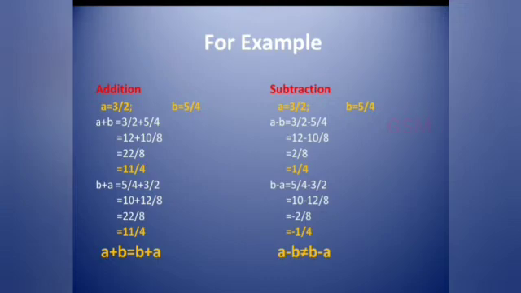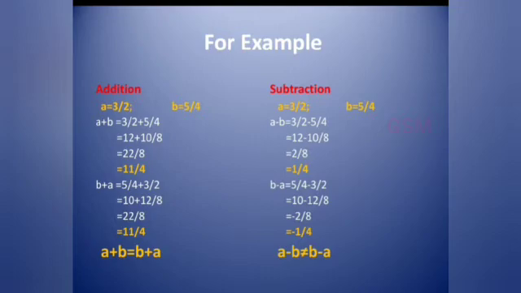Next b minus a. So b minus a is 5 by 4 minus 3 by 2. Using cross multiplication, 5 2s are 10 minus 4 3s are 12, over 8. 10 minus 12, that is 12 minus 10, the value is 2. But the biggest number is 12, and the symbol before it is minus.